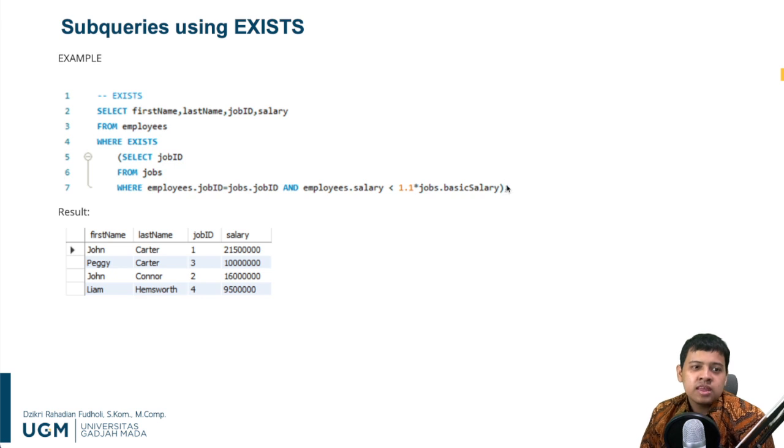And we select the job ID if the job ID exists in this subquery. This is just for the example, and it works fine, but in reality you can just use an additional WHERE, so it doesn't really need a new subquery like this one.